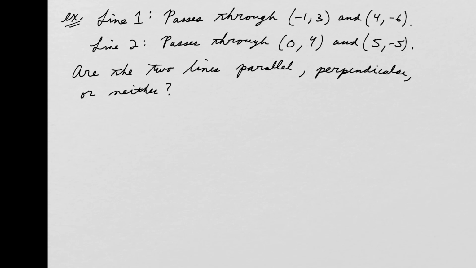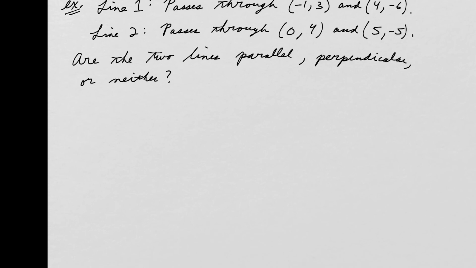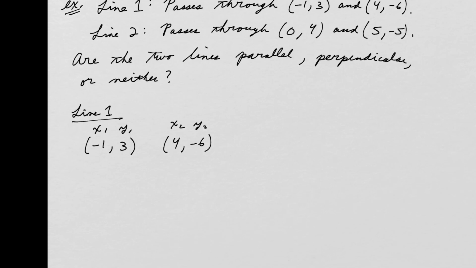Well, we need to compute the slope for the first line, and we need to compute the slope for the second line. So I'll say line 1. We know it goes through (-1, 3) and (4, -6). So I'll call this x1, y1, x2, y2.